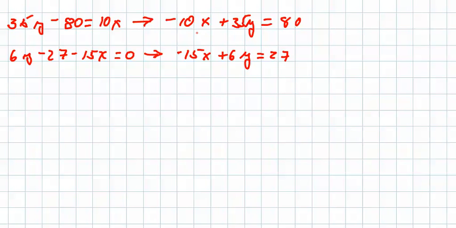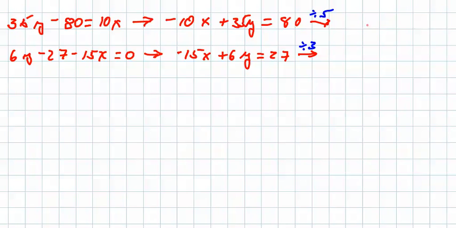Now, oftentimes we can simplify things, and you should always look for this. We can divide both sides here, 10, 35, and 80, by 5. And here we can divide by 3: 15 divided by 3, 6 divided by 3, 27 divided by 3.